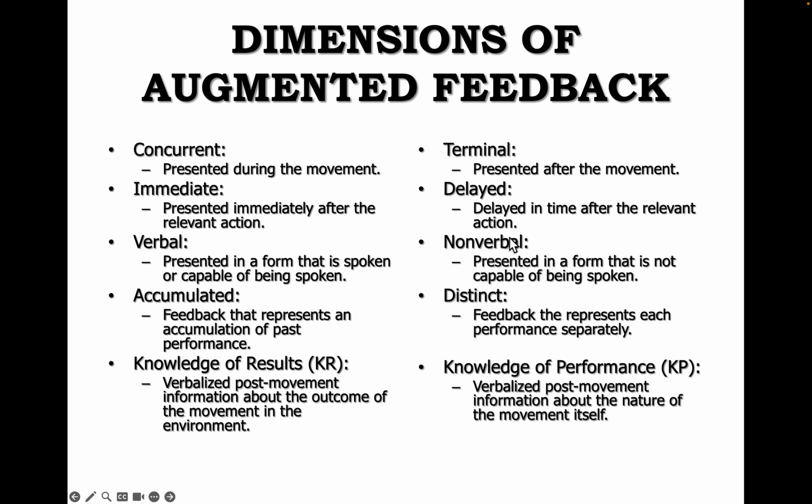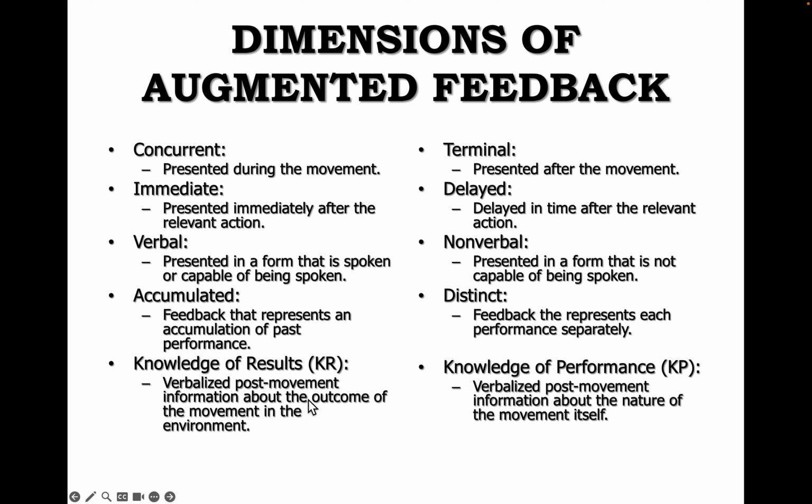Then we've got verbal and nonverbal feedback, which makes sense. Verbal means that you hear things in a spoken format versus nonverbal, non-speaking feedback. Accumulated feedback means you take all the past results and bring them all together, kind of like a summary maybe. Versus distinct feedback, which is giving feedback that looks at each performance trial separately.